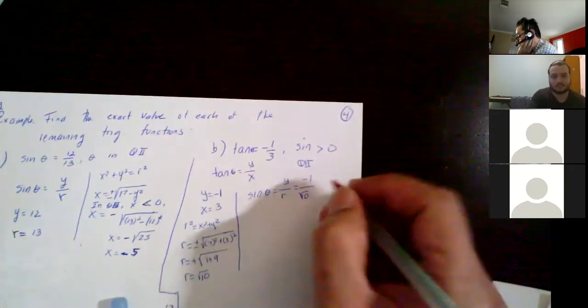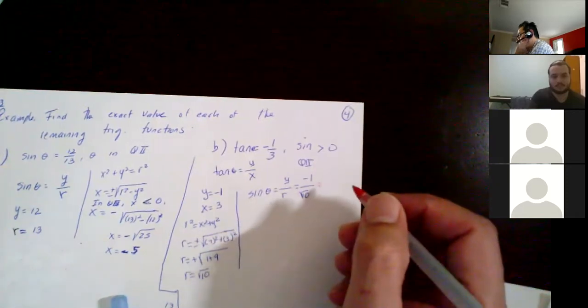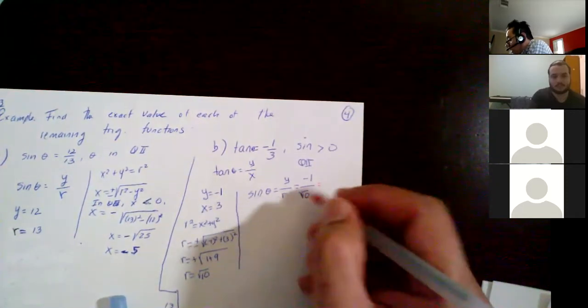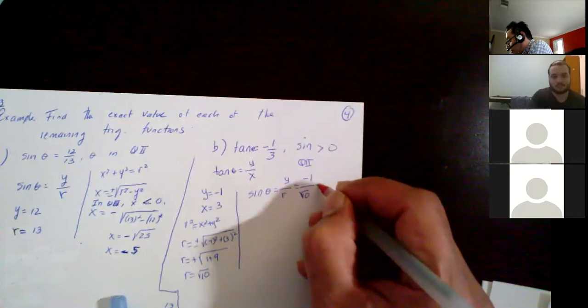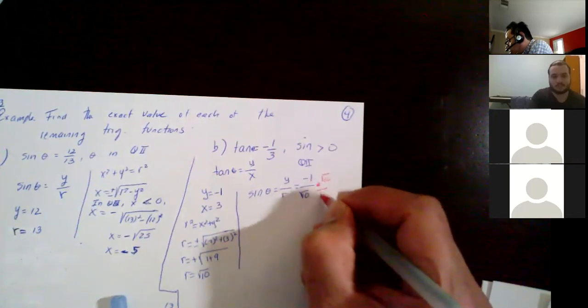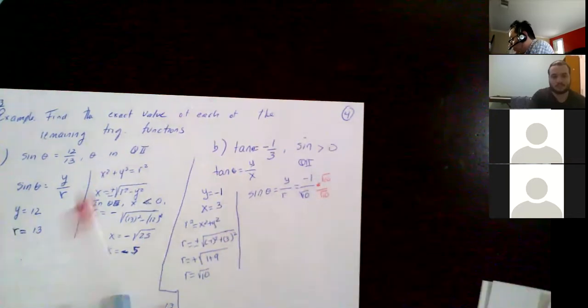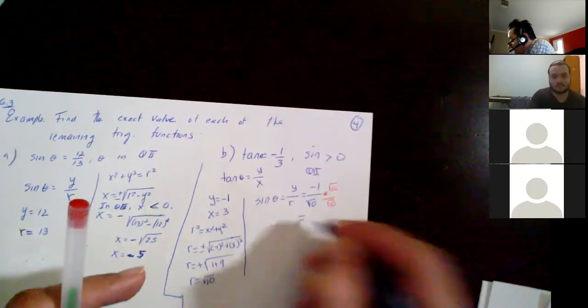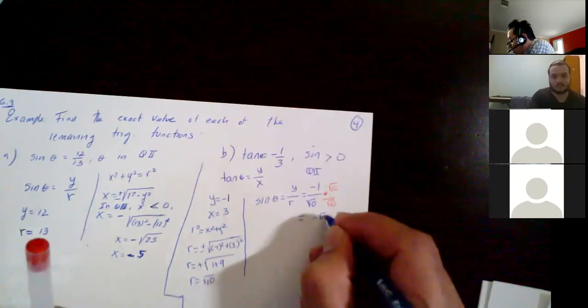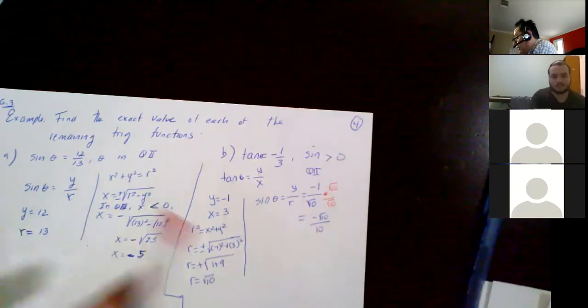But we have to rationalize the denominator, by the way. So let's multiply by square root of 10 over square root of 10. And what do we get here? Negative square root of 10 over 10. That would be the sine of theta.